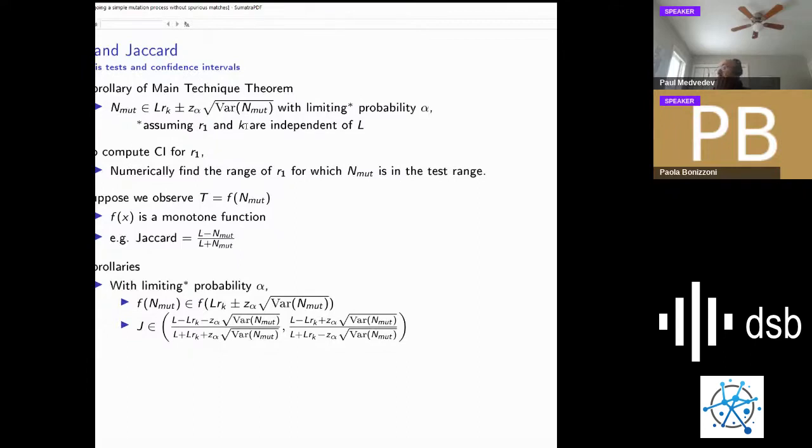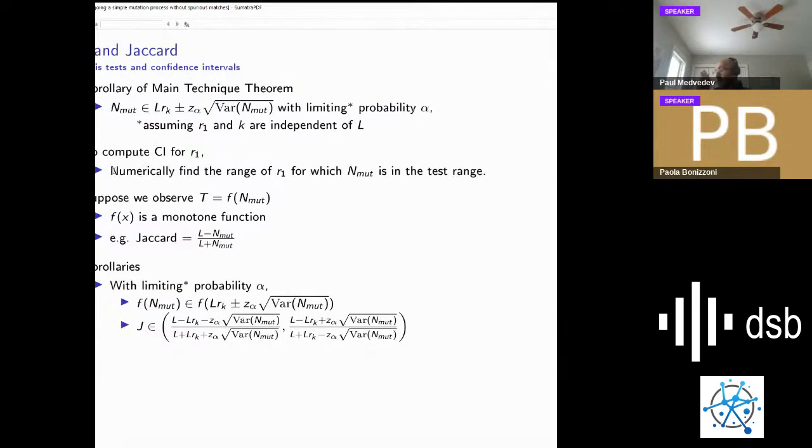Now, to compute a confidence interval, observe that this interval here is a function of R1, right? We have this RK, and this variance is a function of R1. And nmut is something you observe. So for a given R1, either nmut falls in this test range or it doesn't.